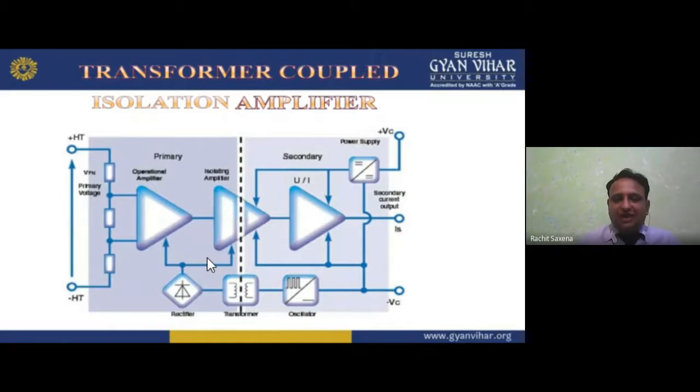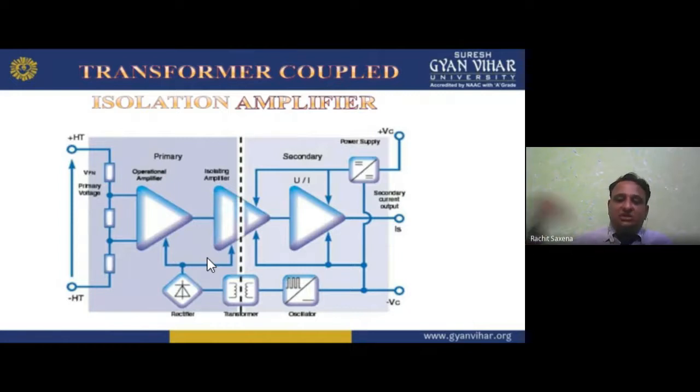And why am I using a transformer? Because a transformer steps up or steps down the voltage and current. What is a transformer? You all know a transformer is an electromagnetic static device which is used to transfer power or energy from one circuit to another circuit without changing its frequency, but changes the voltage level and current level.